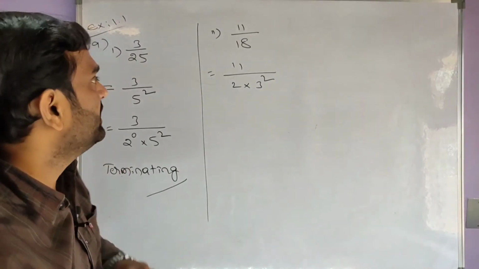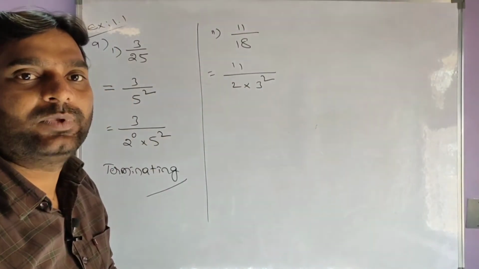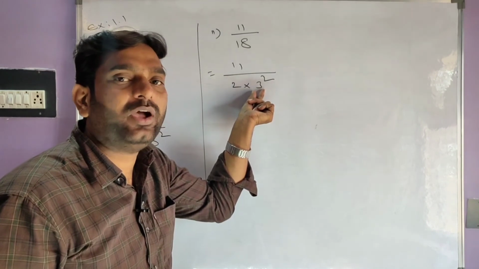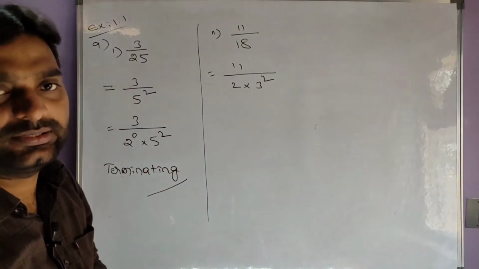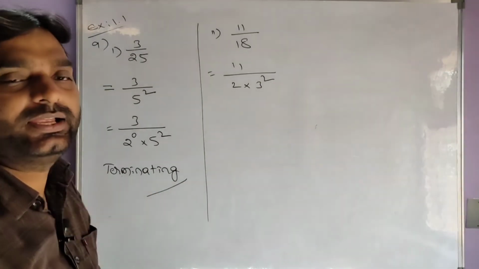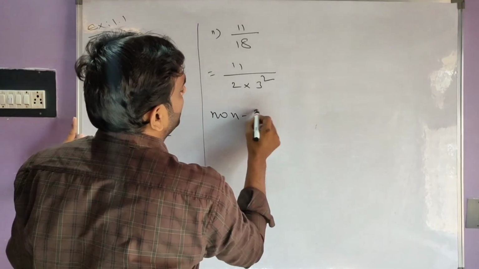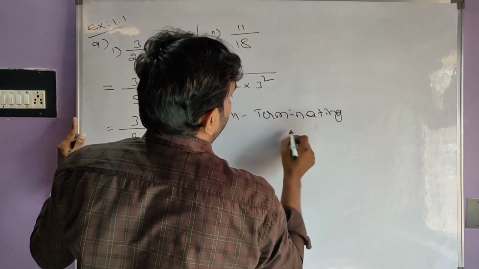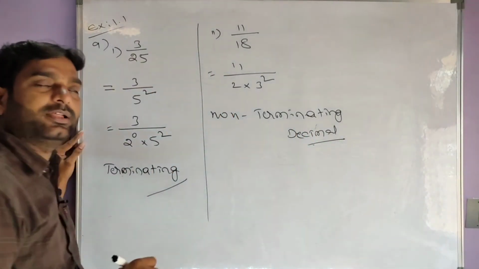Okay, co-primes. Then 11 by 18 can be written as 11 by 2 into 3 square. Here we have 2, but along with it we have 3 also. It is not in the form of 2 power m into 5 power n, so it's not terminating. It's a non-terminating decimal.